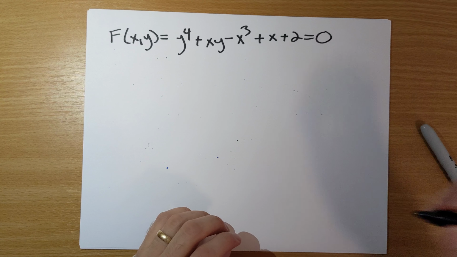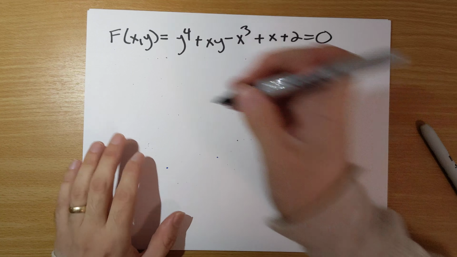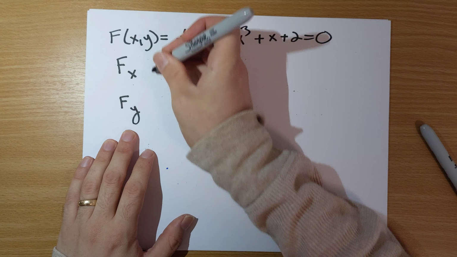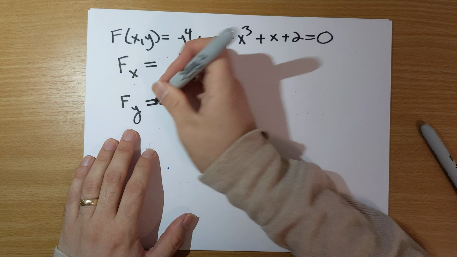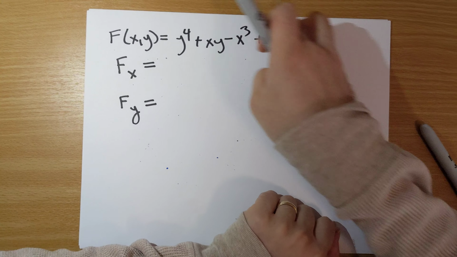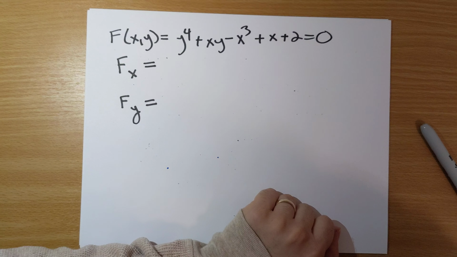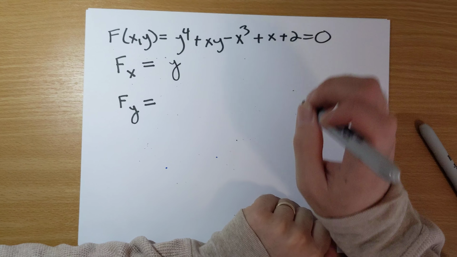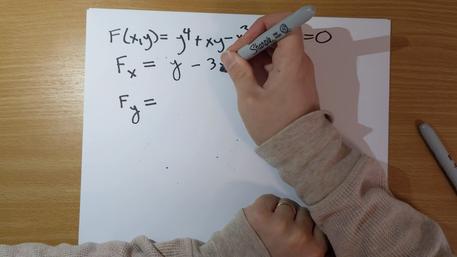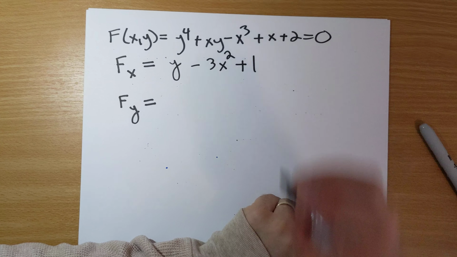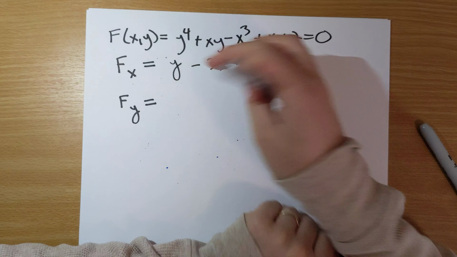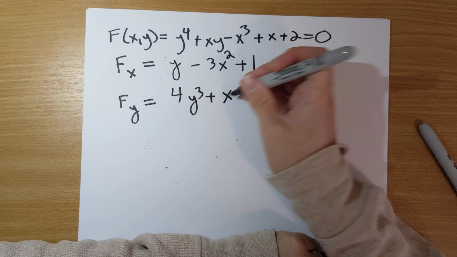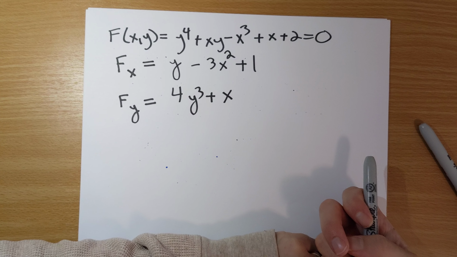Let's take partial derivatives of f with respect to x and with respect to y. The partial derivative of big F of x y with respect to x would be 0 plus y minus 3x squared plus 1. And the partial derivative with respect to y would be 4y cubed plus x, and that's it.